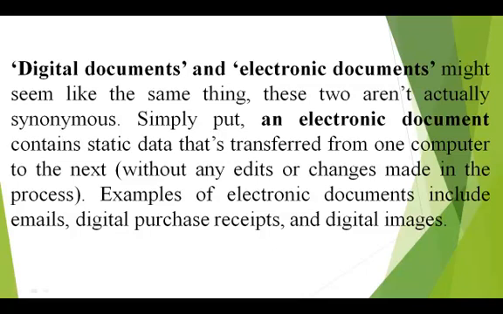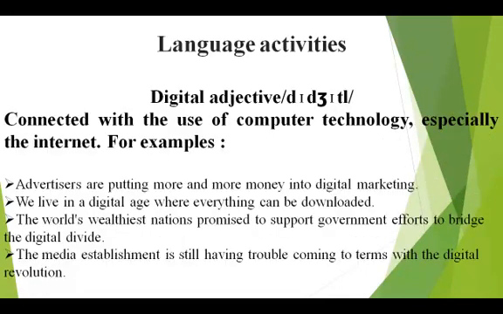Digital documents and electronic documents might seem like the same thing. These two aren't actually synonymous. Simply put, an electronic document contains static data that's transferred from one computer to the text. Examples of electronic documents include emails, digital purchase receipts, and digital images.